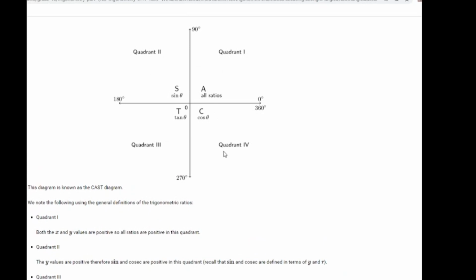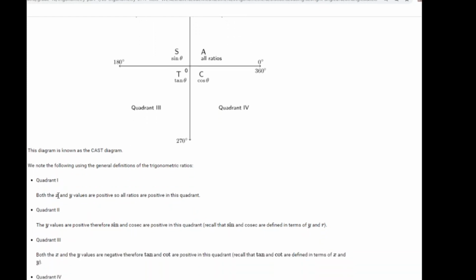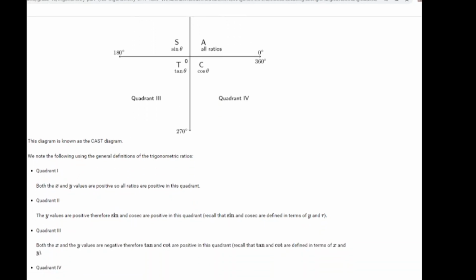All the ratios are positive in the first quadrant, only sine is positive in the second quadrant, only tan is positive in the third quadrant, and only cos is positive in the fourth quadrant. This diagram is known as the CAST diagram.